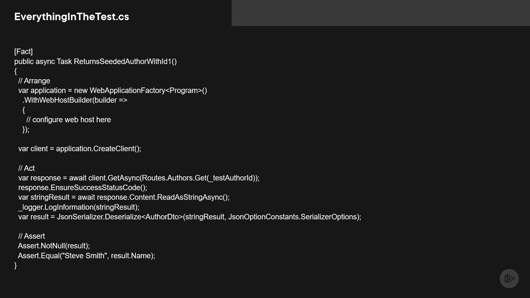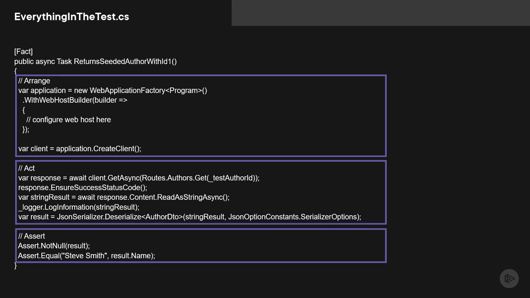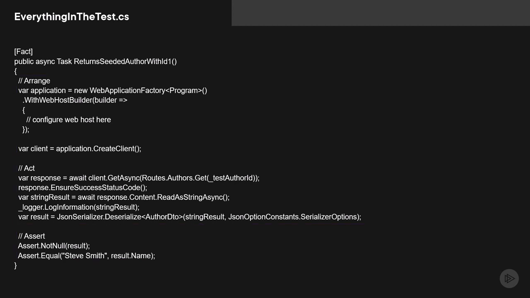This will let you see the general structure of an ASP.NET Core API integration test, sometimes called a functional test to differentiate it from other kinds of integration tests. This test is using the standard arrange, act, assert pattern with comments to help you see each section. In the arrange section, the application is configured and then used to create an HTTP client, which is assigned to the client variable.